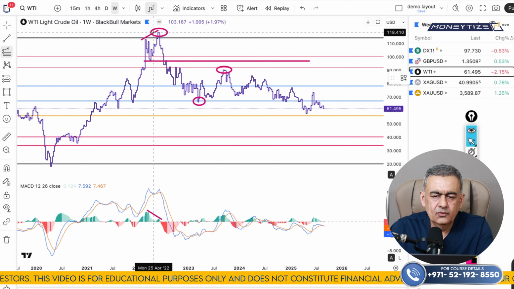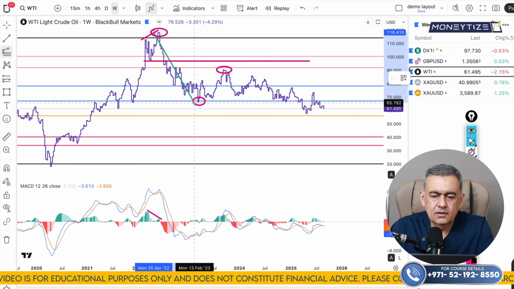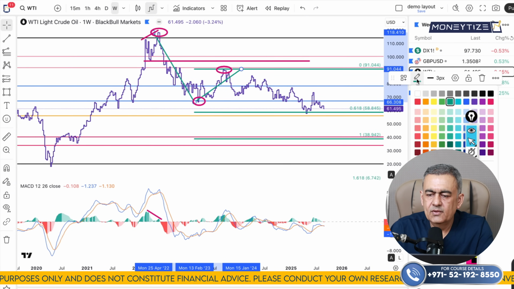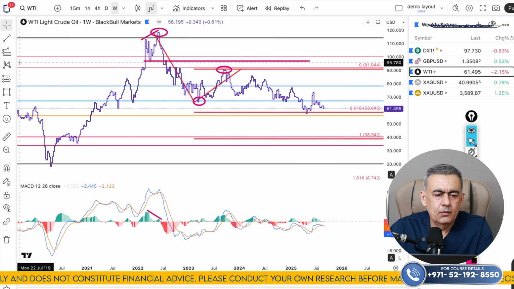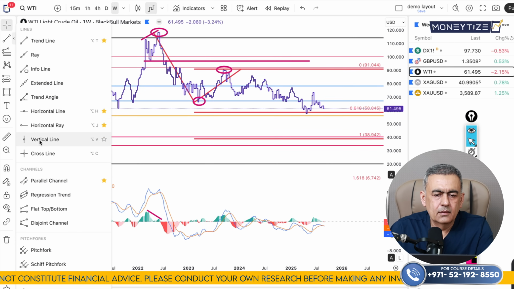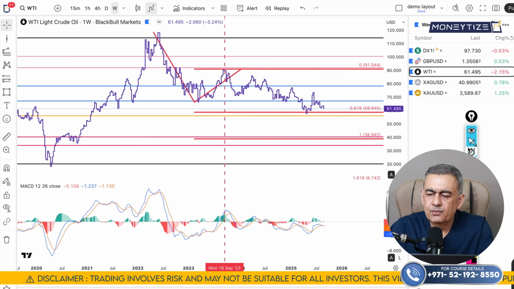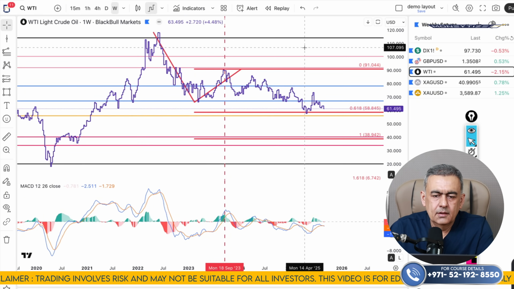So let's apply our first extension in the bearish direction. Applied, and we'll keep it red, and I'll bring the vertical line on point C here. So first bearish extension applied.